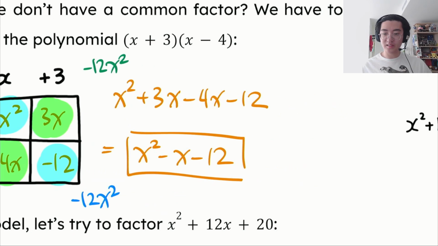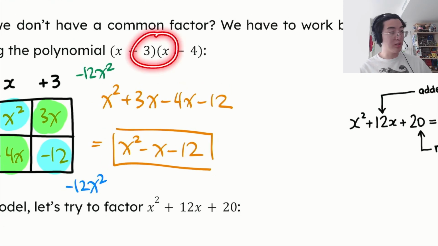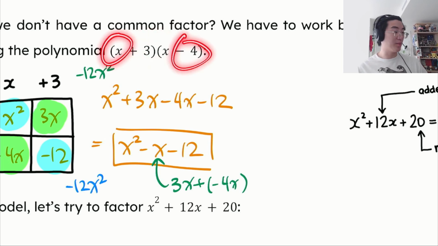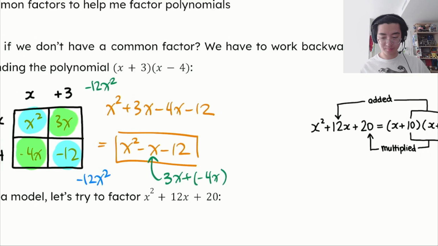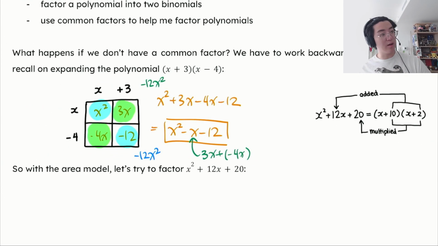And we also notice that this middle term right here is just those two terms multiplied together plus those two multiplied together. So this is 3x, and then the other is minus 4x. This is how expanding works.